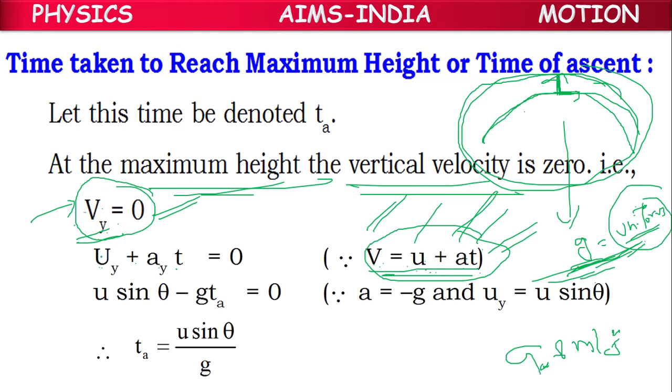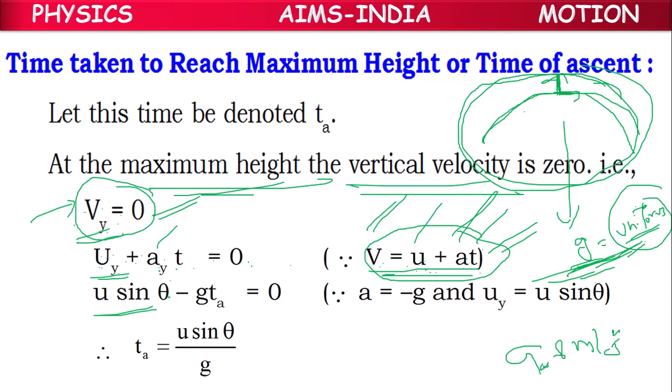So initial velocity in y direction plus acceleration in y direction times time equal to 0. So Uy plus Ay t equal to 0. So Uy, vertical component of initial velocity, how much? U sin theta.